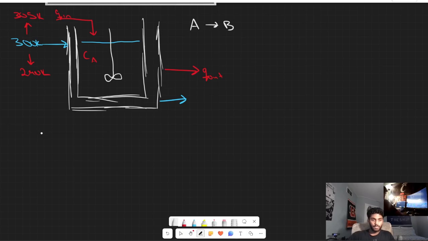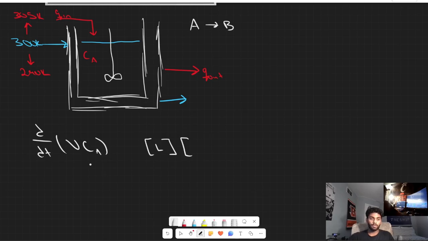Now a mass balance in this problem might look something like this, where we're taking the differential with respect to time of our volume times our concentration. And the reason that we might do that is, well, if we look at units of volume, that's going to be liters in this problem.